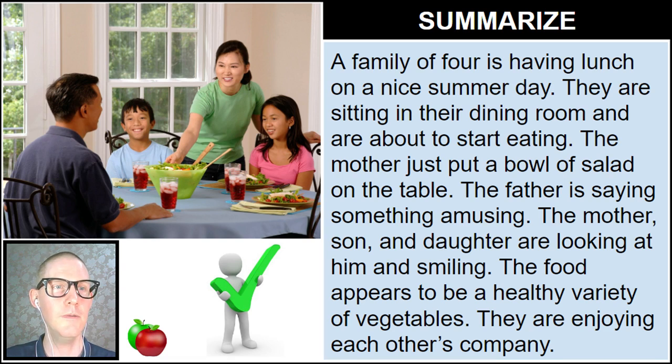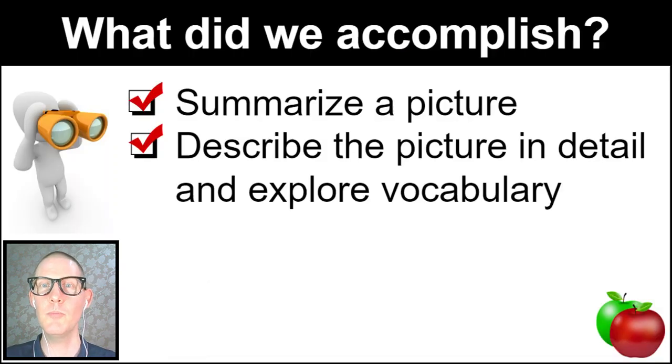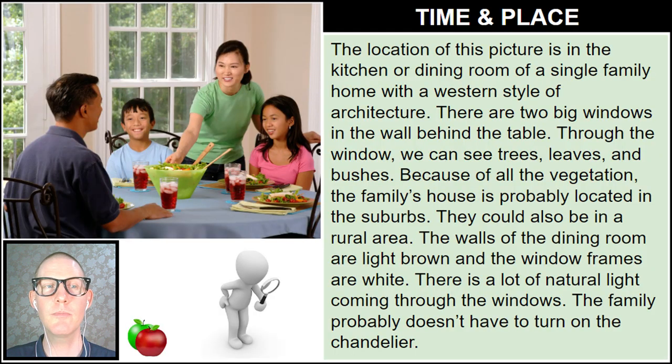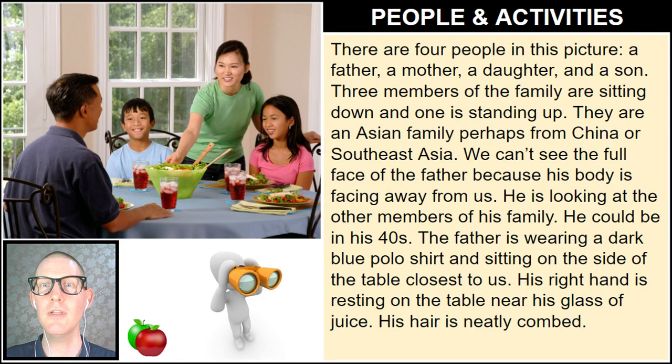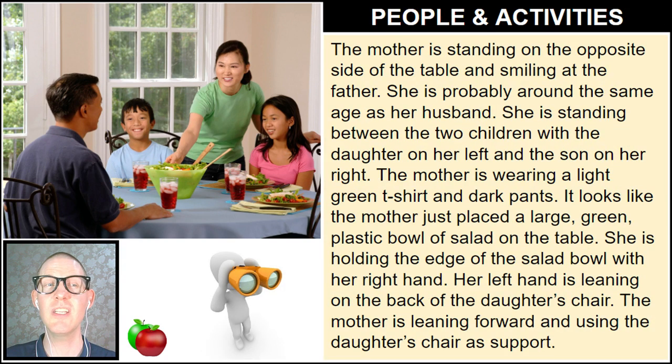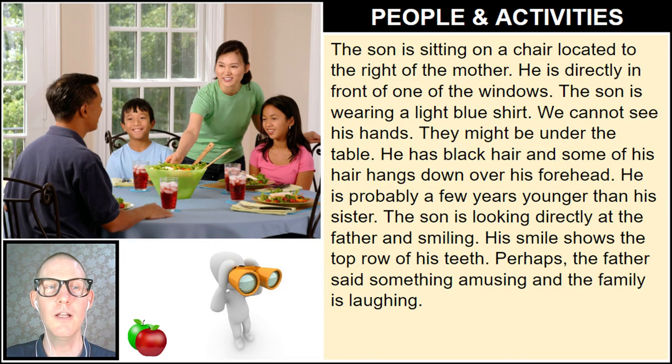Okay, so let's see. Did we describe the picture in detail and explore vocabulary? Yes, we did. And we divided into sections. Time and place. 3 screens. We did people and activities. We just talked about each person in the picture.